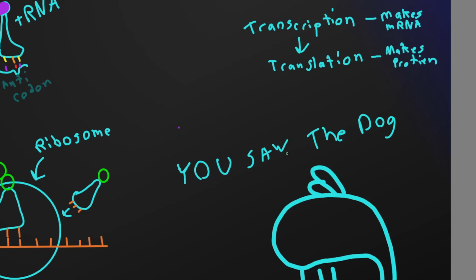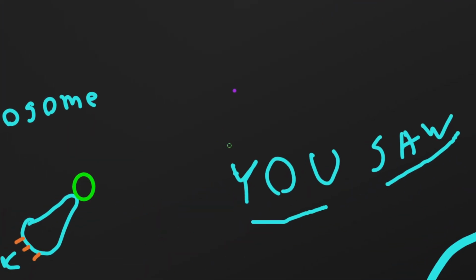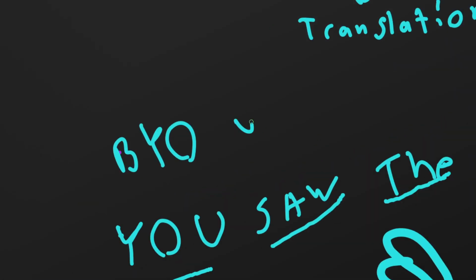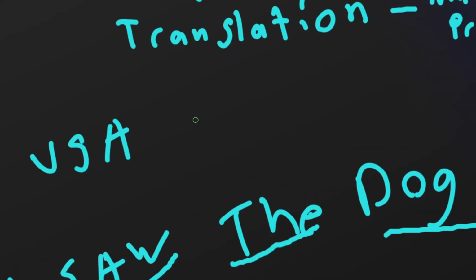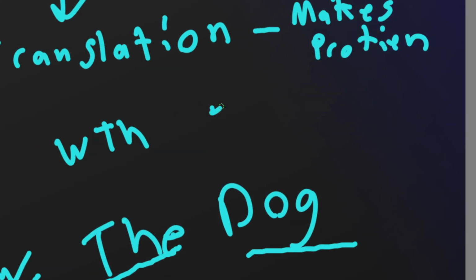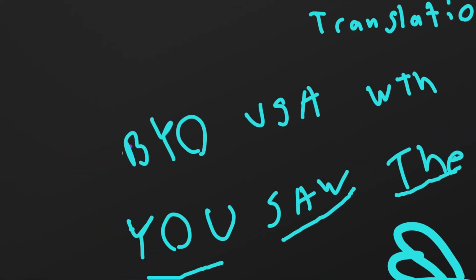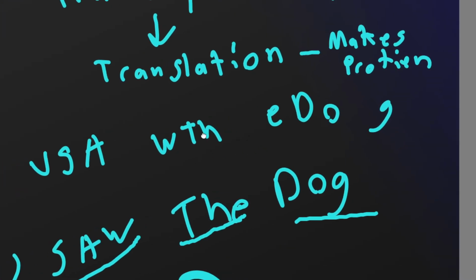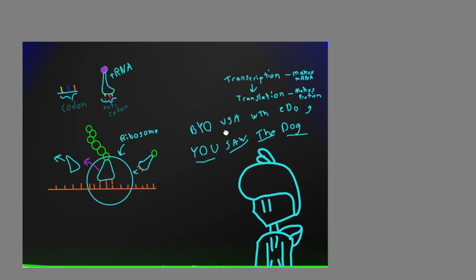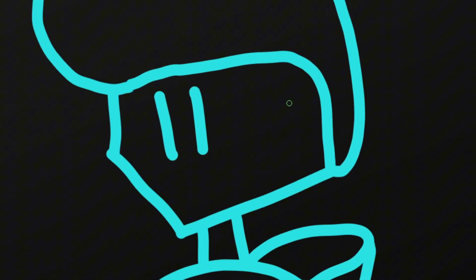Let's add a B. And remember, everything is read in threes, okay? So, that turns from you saw the dog to BYO, USA, WTH, EDO, and G. See where this can become a problem.